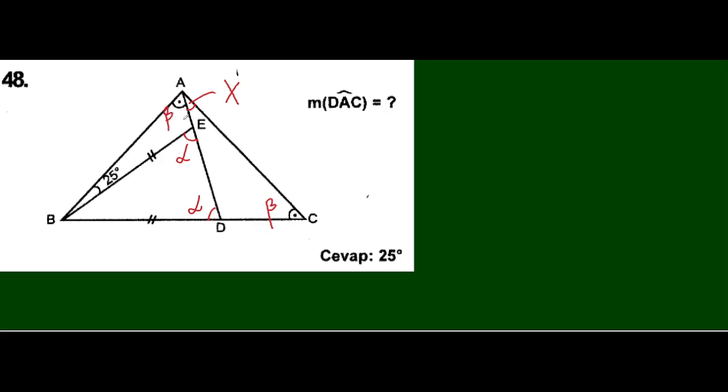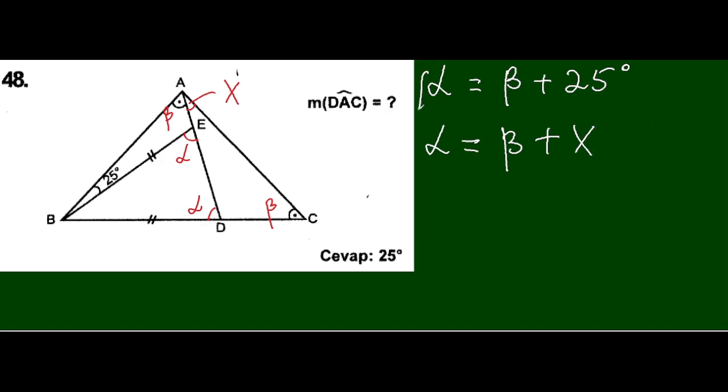We can say here that alpha will be equal to, again, the term that we used above. Alpha will be equal to beta plus 25 degrees. And we know also that x plus beta has to be equal to alpha. So alpha is equal to beta plus x here.